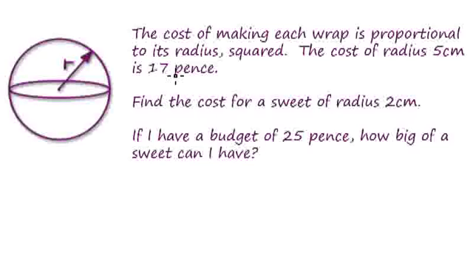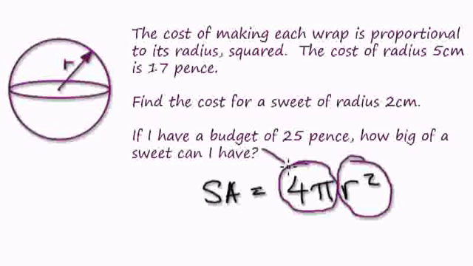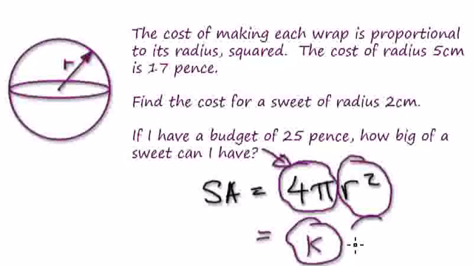Okay, by the way, the surface area of a sphere is given by 4 pi r squared. We can visualize it as one thing times another thing, and this here is just a constant that we don't really care about, so we can just say k, and then r squared.